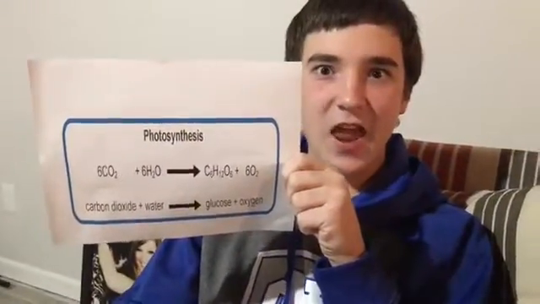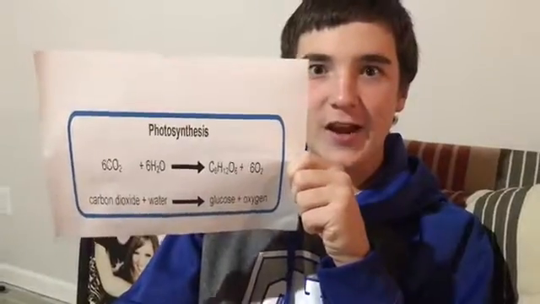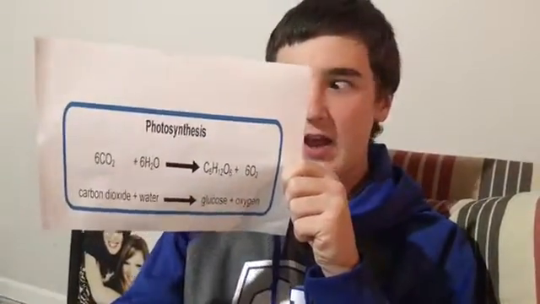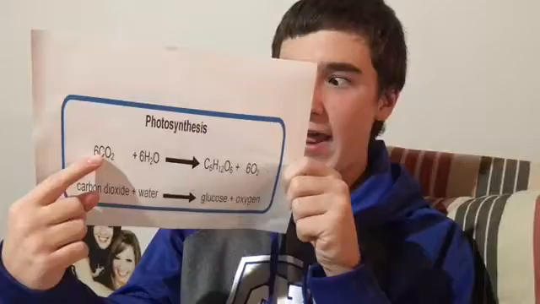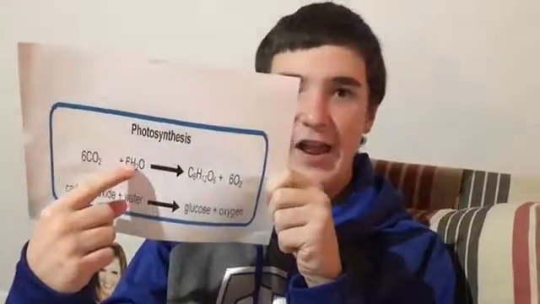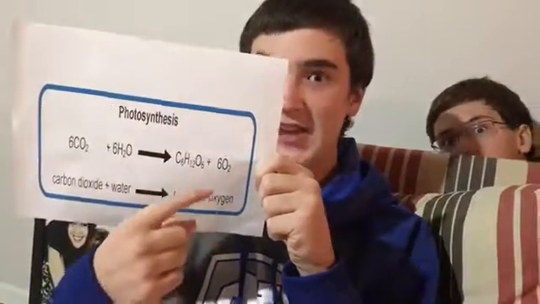This is the chemical equation for photosynthesis. This right here, carbon dioxide plus water, that goes into glucose, this giant thing, and oxygen. Some more parts of photosynthesis that are vital to the function of photosynthesis are the ETC, ATP synthase, reductase, and the NADP+.